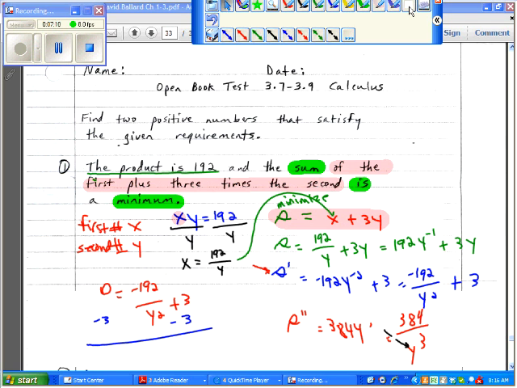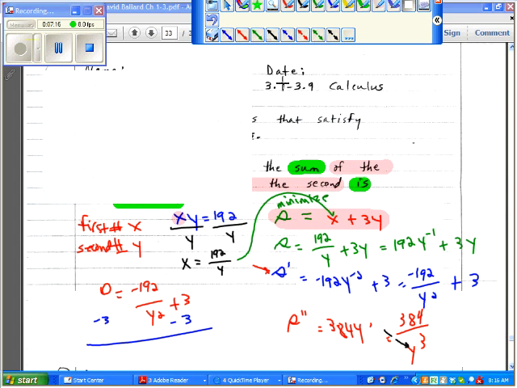I need to make some writing room here. I'm just going to kind of open up the top of the board. And so we would have negative 3 is equal to negative 192 over y squared. I'm going to put that over 1 and make a proportion out of it.